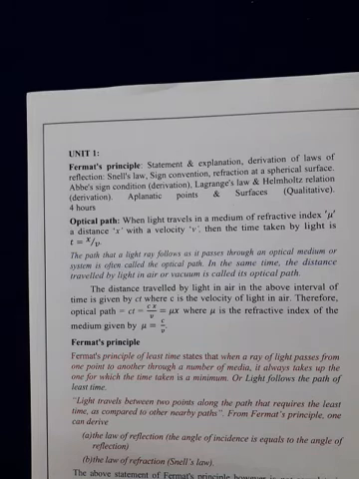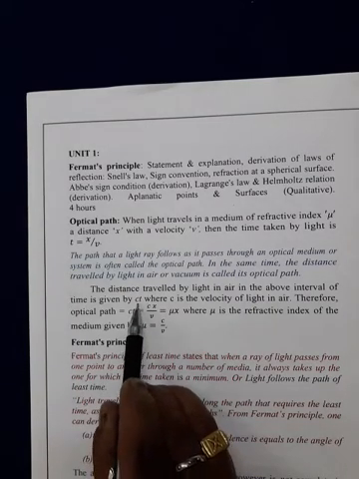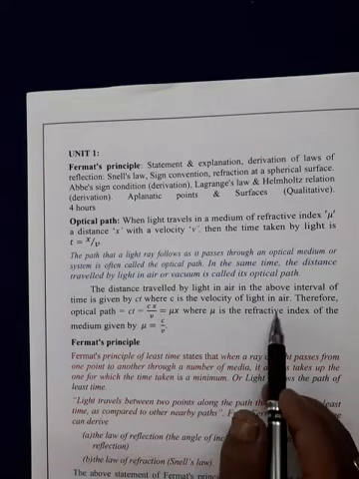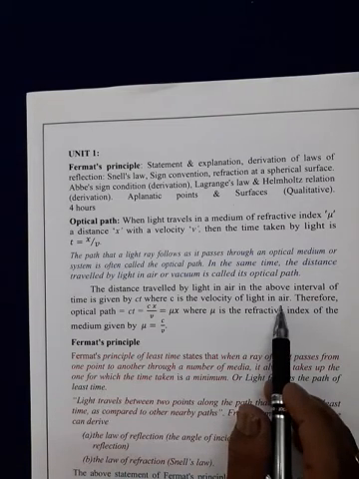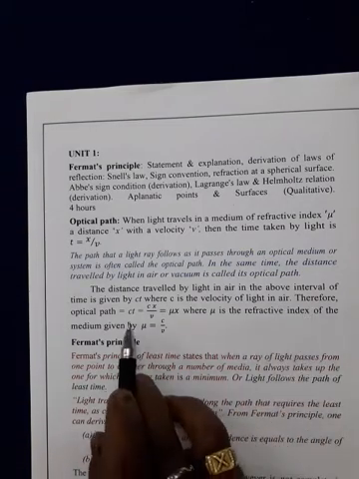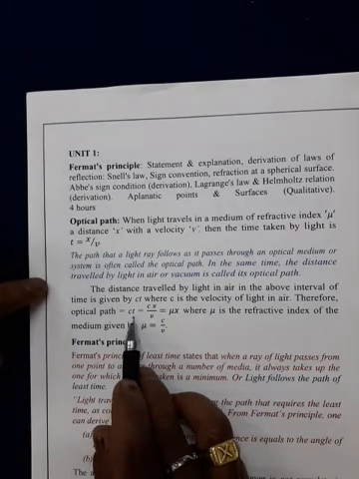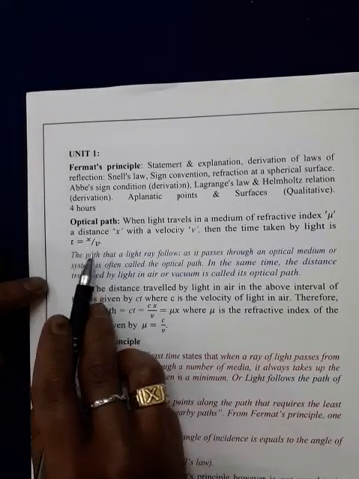The distance traveled by light in air in the above interval of time is given by ct, where c is the velocity of light in a vacuum or air, and t is the time taken. Therefore, the optical path ct is nothing but, as you know, t is equal to x by v.